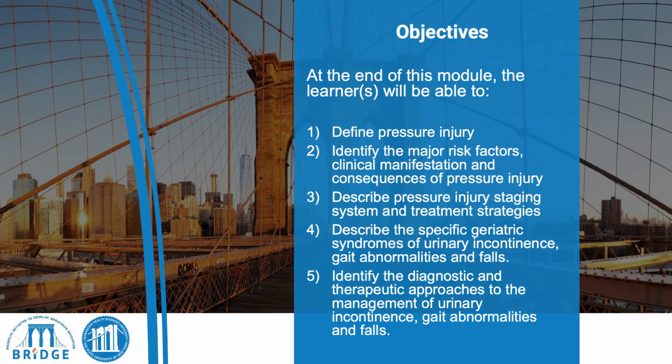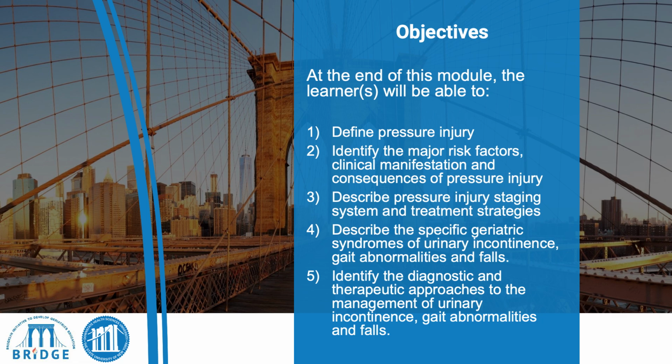So what are the objectives for this presentation? By the end of this module, all learners will be able to: 1. Define pressure injury. 2. Identify the major risk factors, clinical manifestation, and consequences of pressure injury. 3. Describe pressure injury staging system and treatment strategies. 4.